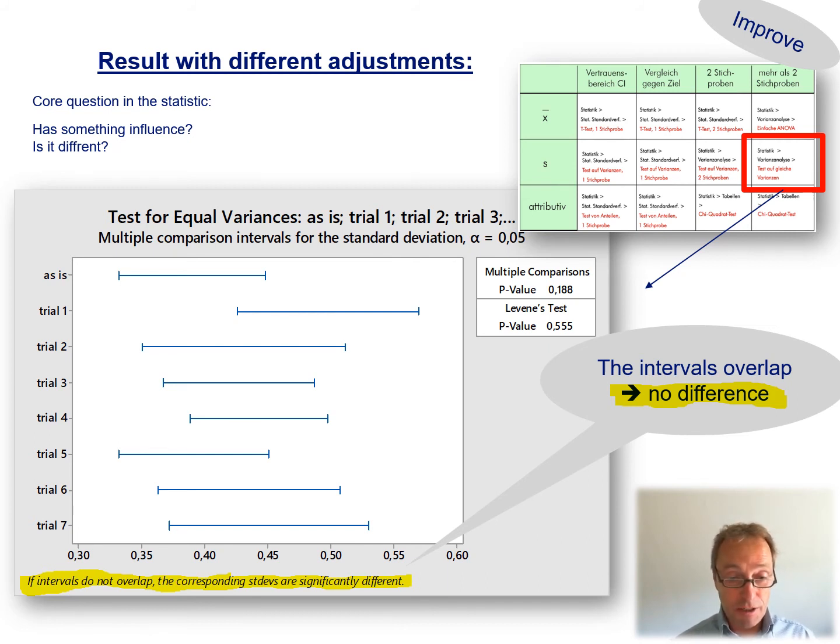What we see here, what our stomach already told us, is that there are big overlappings of the intervals, meaning there is no difference. It's more or less the same, and the variances are happening by accident.